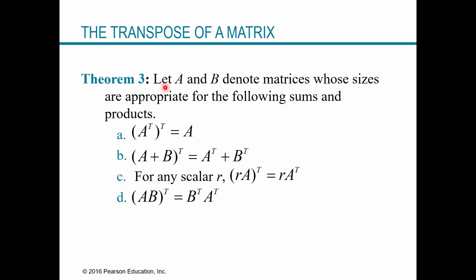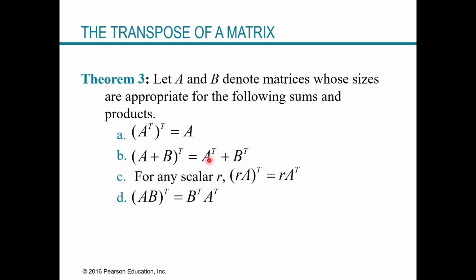And now a theorem involving the transpose of a matrix. If A and B denote matrices whose sizes are appropriate for the following sums and products, then these 4 properties are true. A transpose, transpose. So if you transpose the transpose, think of it like undoing itself. The first transpose switches the rows and columns. The second one switches the rows and columns again, and you're back to A. Part B, when you transpose a sum, it's actually really nice.